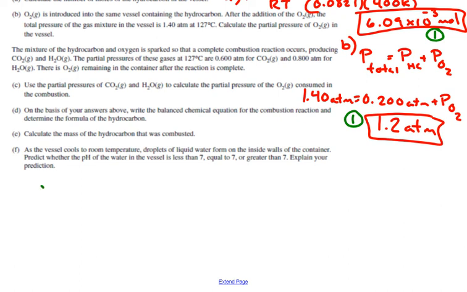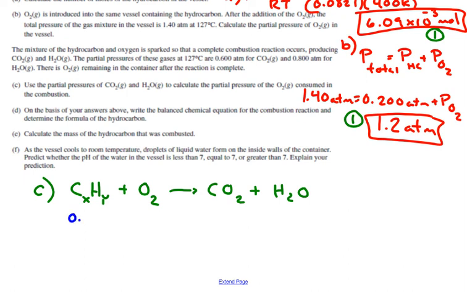So let's talk about this. Again, you're going to do this to the right. I have a hydrocarbon. I don't know what it is. It's reacting with oxygen. It's producing CO2 and H2O. Now, I did this in 2 different ways. In the beginning, I'm just going to map this out once. I had this, and I had this.